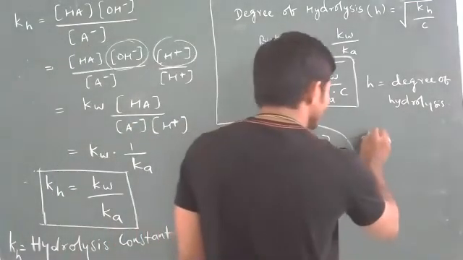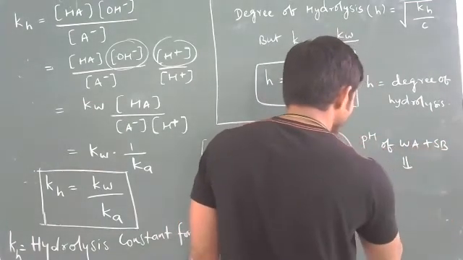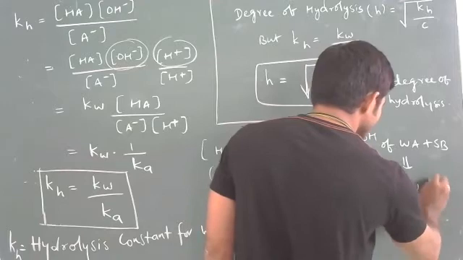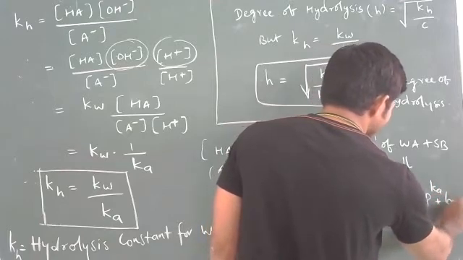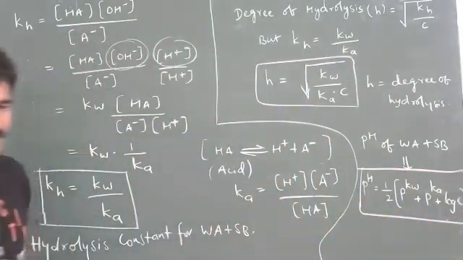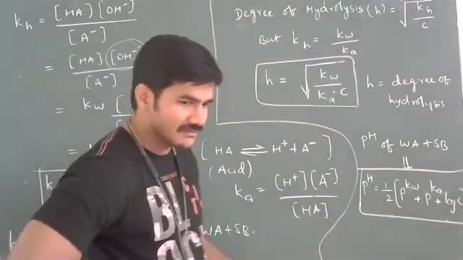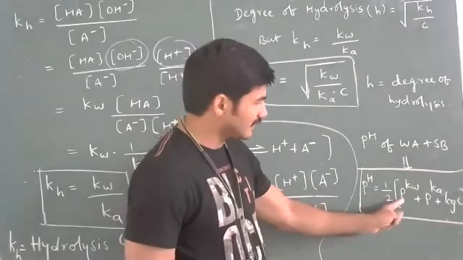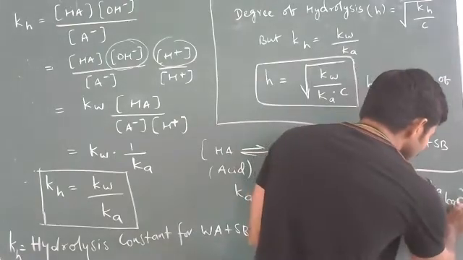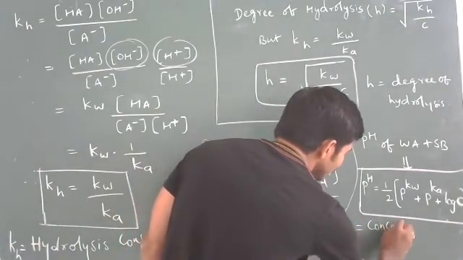Now pH of weak acid strong base. What is the pH formula? pH is equal to 1/2 into pKw plus pKa plus log C. For this also, pH derivation is not required. I'm writing the formula directly. Is it feasible? pH is equal to 1/2 pKw plus pKa plus log C. C is what here?